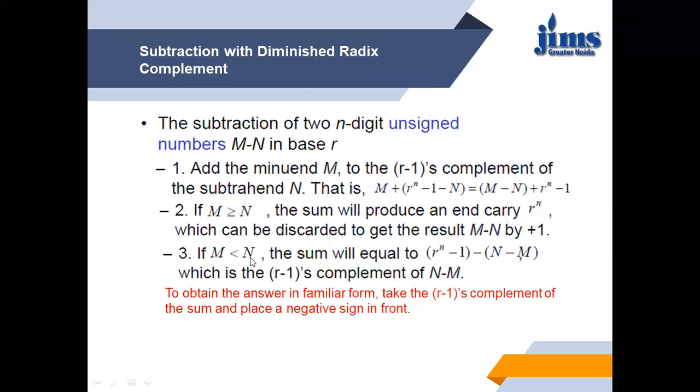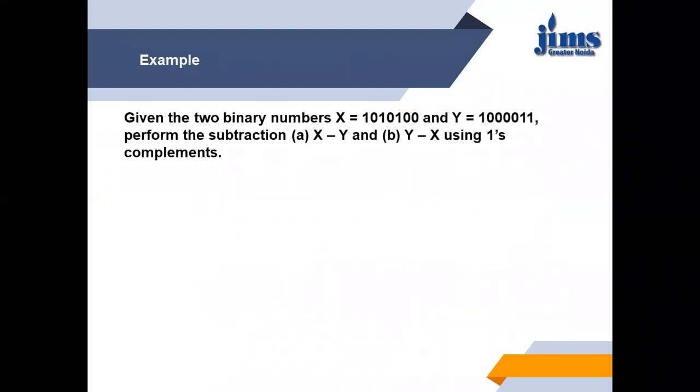If there is no carry, in both cases, we again take the r's or r minus 1's complement of the difference, then we put a negative sign. That's it. And that will be much easier to understand with the help of an example.